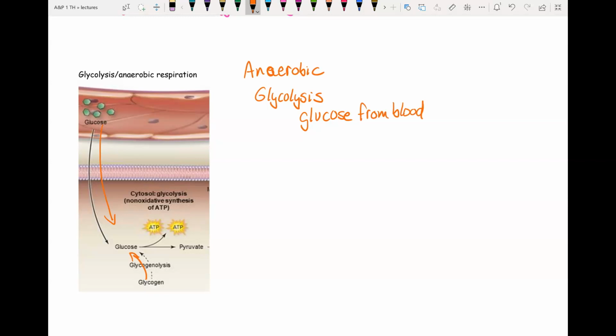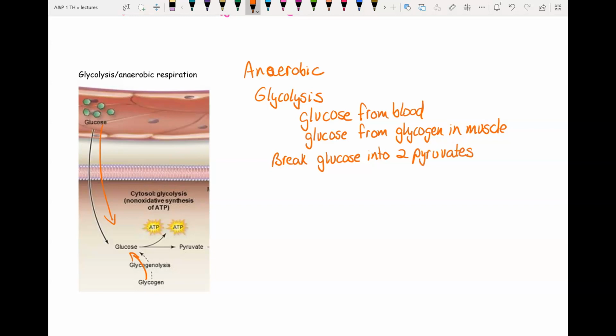If you remember back to chapter 2, that chapter 2 post-class assignment, when you have extra glucose, your muscles will store it as glycogen. So you can also get glucose from glycogen in the muscle. Glycogen is just stored glucose. Then you're going to break the glucose into 2 pyruvates. And you get your 2 ATP.